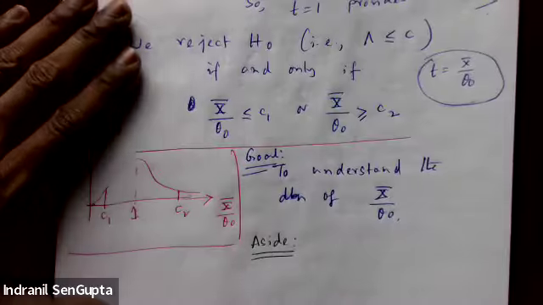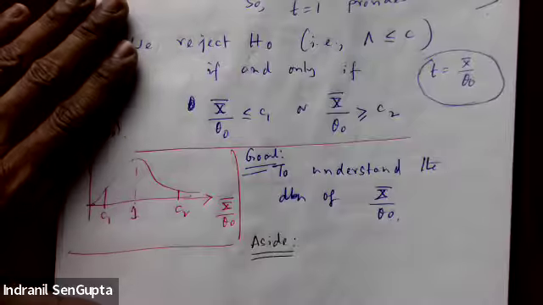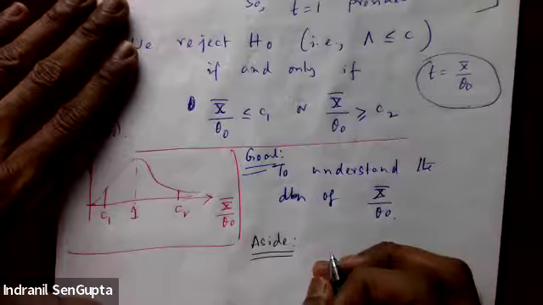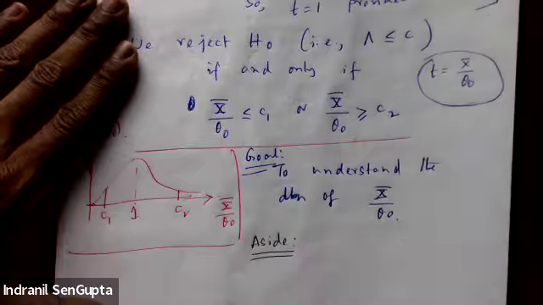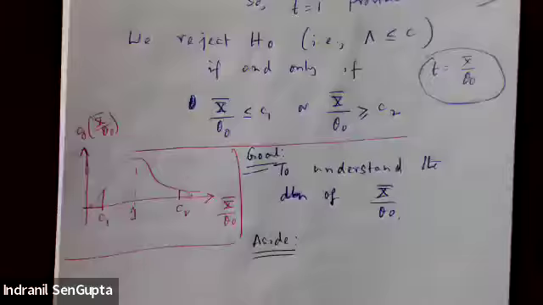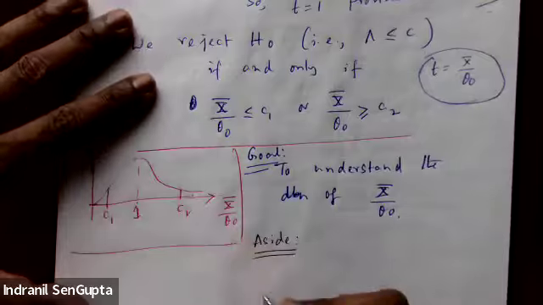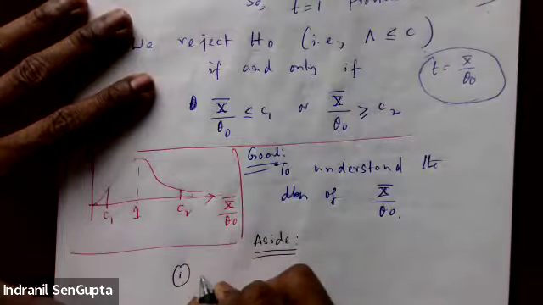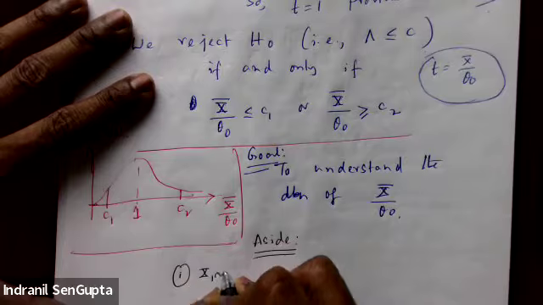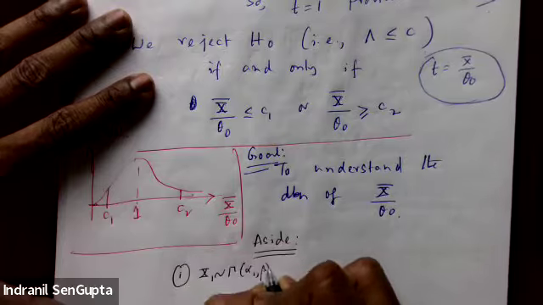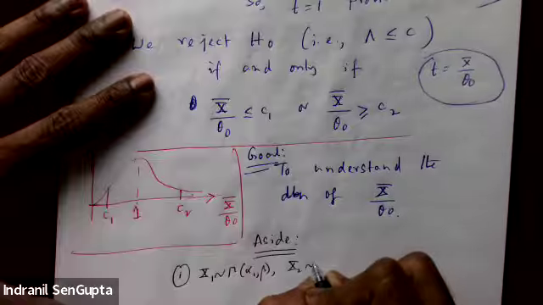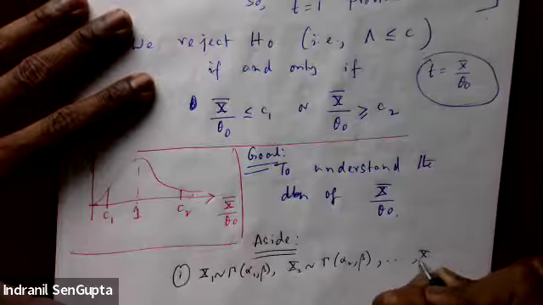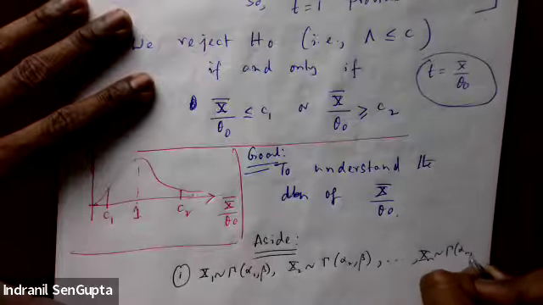Okay, it goes like this. So the result we are trying to prove is the following. I'll write this in 3 steps. One is, note that if I have a bunch of independent x1 following a gamma distribution alpha 1, beta, x2 following gamma of alpha 2, beta, up to xn following gamma of alpha n, beta.